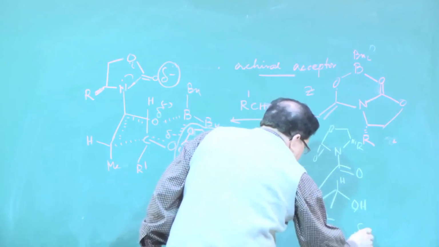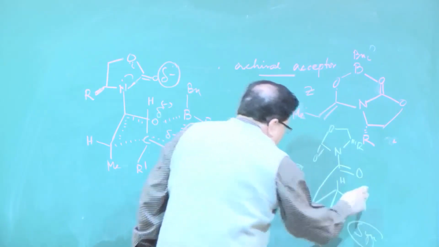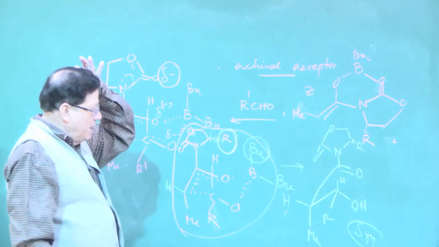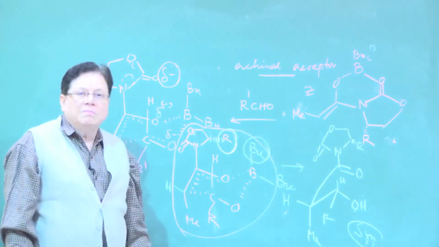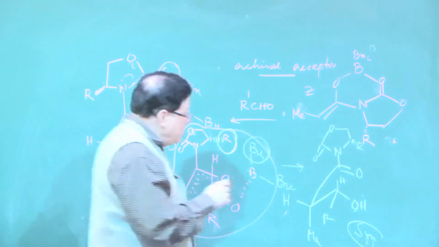So, this is syn. If you draw it correctly, then OH will be alpha and methyl will be alpha, both are alpha. So, that is syn selective and enantioselective.